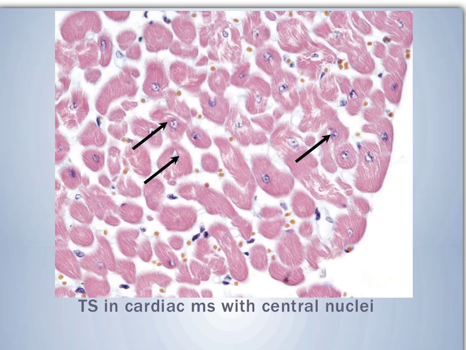Then, it is a transverse section in the cardiac muscle. Why? Because we have a central rounded nucleus. Almost all of the transversely cut fibers have a central rounded nucleus. So it is a cardiac muscle fiber.